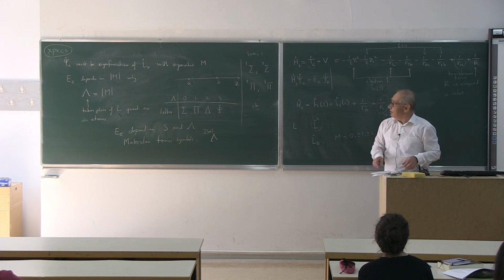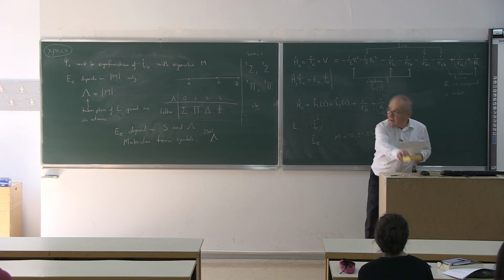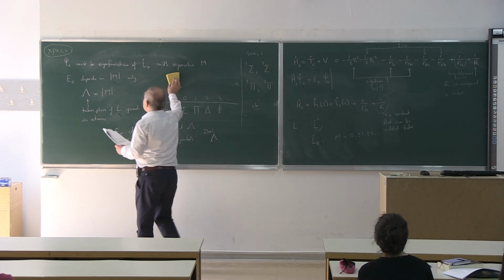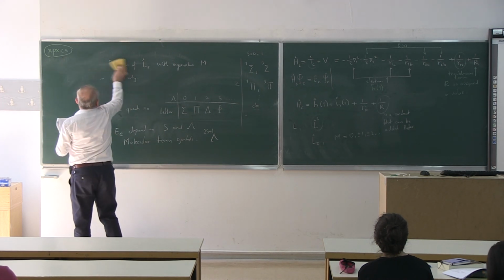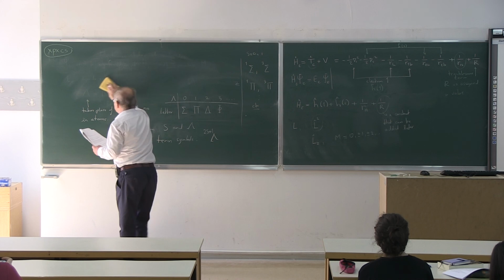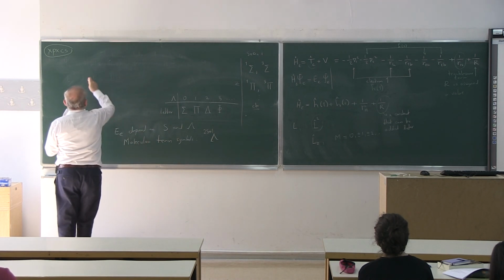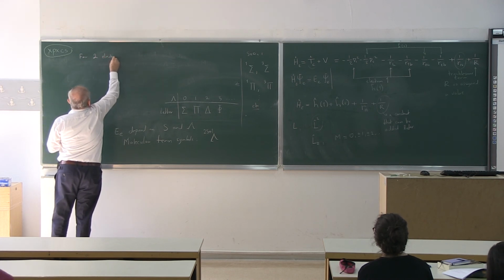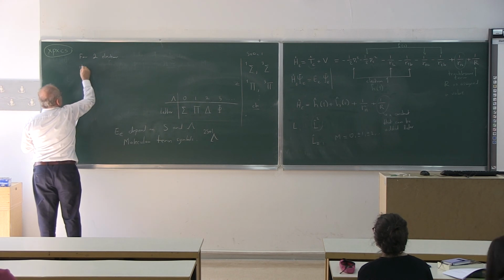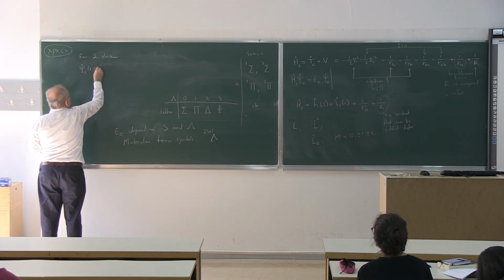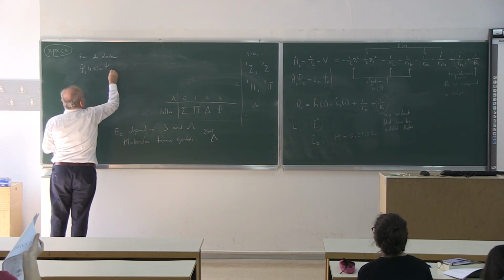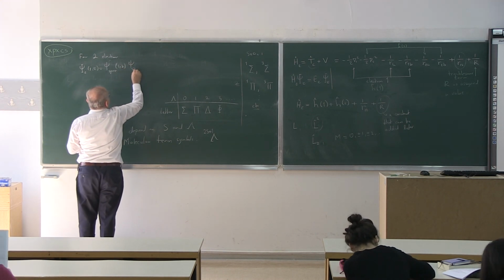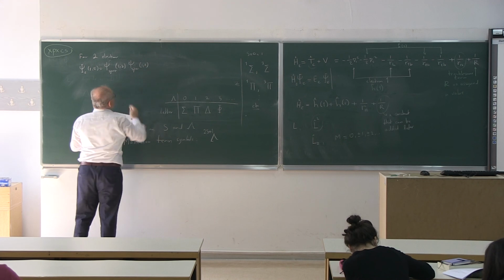There we had seen that the full function, the exact psi for two electrons, can be written as a product, a space part times a spin part.